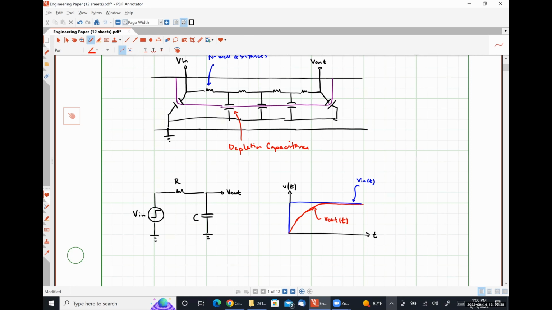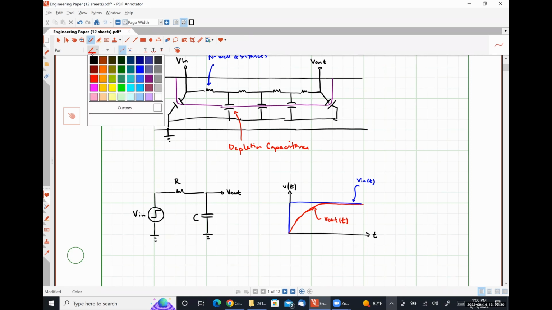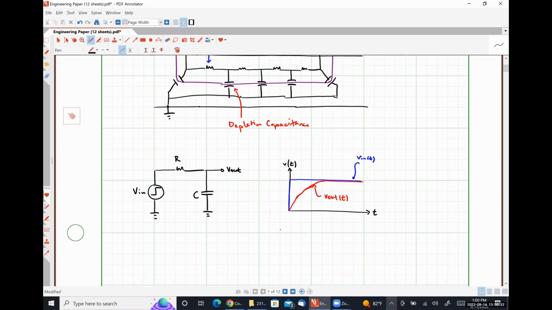And we know for this simple RC circuit that our output voltage V out as a function of time is just going to be what I'm going to call V pulse. So I'll label that here.